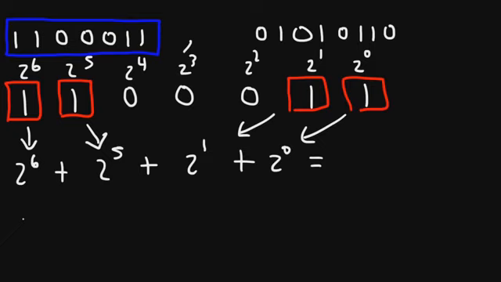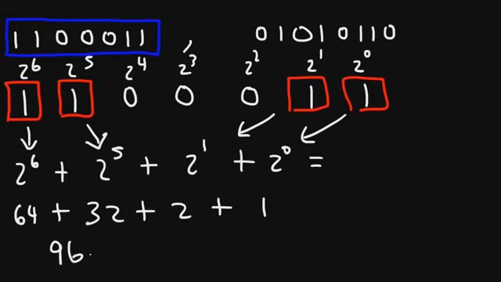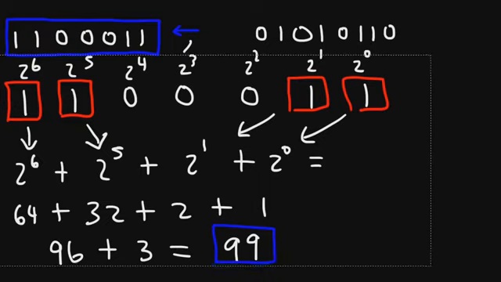So 2 to the 6th power, we said that's 64. 2 to the 5th is 32, and then plus 2 plus 1. Now 64 plus 32, that's 96. 2 plus 1 is 3. And so the final answer for the first example is 99. And so that's it for this one. Now let's move on to the next one.